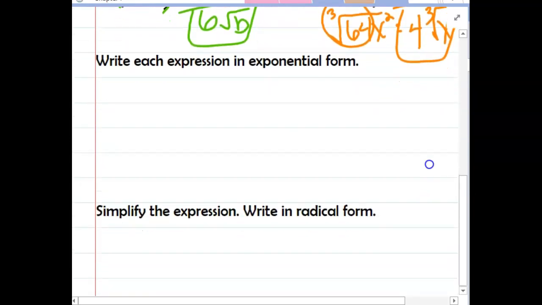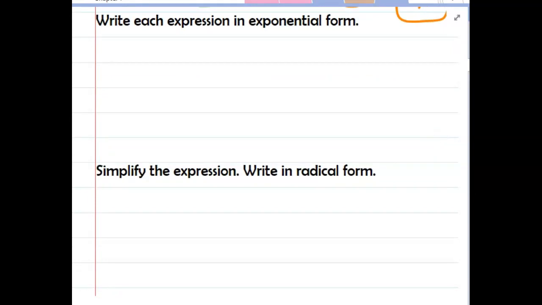Okay, now the next one, we're just going to go the opposite direction. We're going to go from a radical into a rational exponent. Okay, number 9. The 4th root of a. So what you're going to do, just the opposite. Whatever's underneath the radical, that's your base.